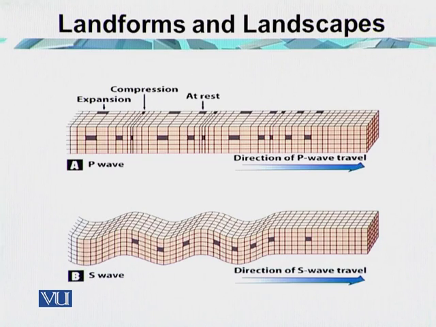The ground moves alternately to one side and then to the other. S waves can travel only through solids, as liquids and gases do not support shear stresses. S waves are slower than the P waves, and speeds are typically around 60% of the P wave in any given material. The rock moves up and down, so S waves are destructive in nature.